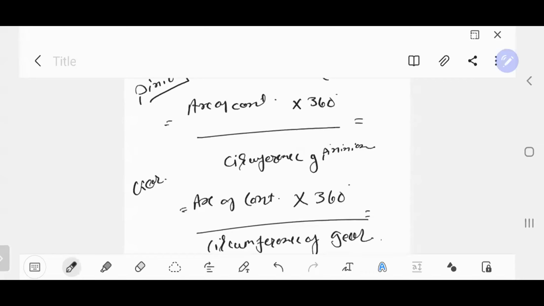So the angle turned through by the pinion. Parth Sudani, okay, correct. We have to find both angles separately, for the pinion and for the gear.